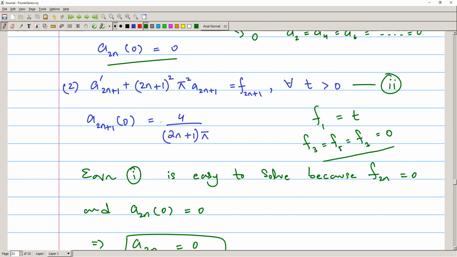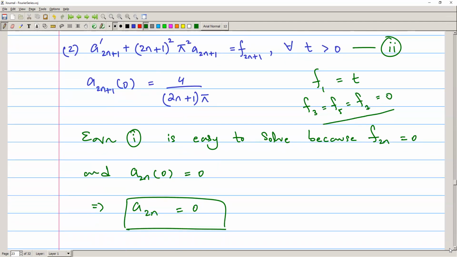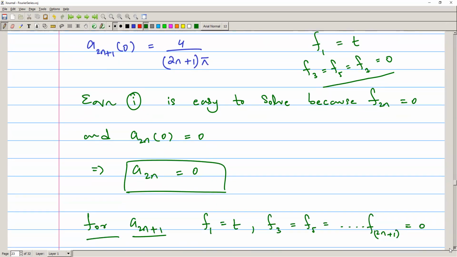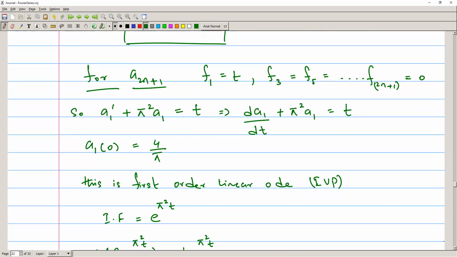So here we can see a_{2n+1} prime and (2n plus 1) squared and this. So we are going to equate here. We will see that equation 1 is easy to solve, and we already discussed that this will be equal to 0. And for equation 2, we are going to split this equation: a1 prime plus pi squared a1 is equal to t.